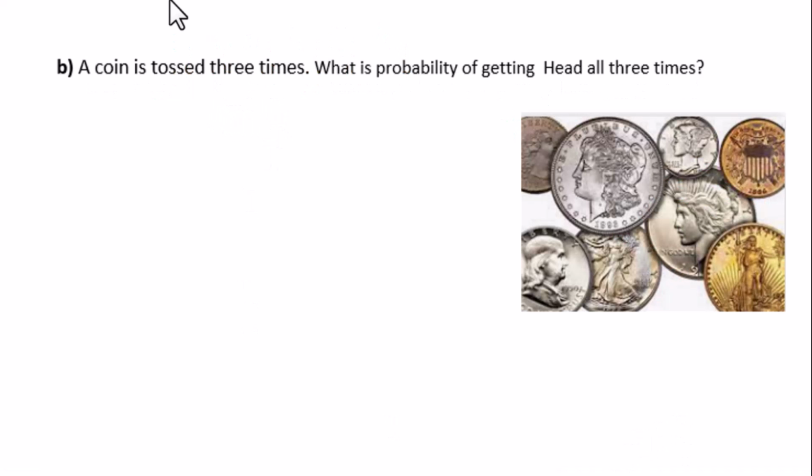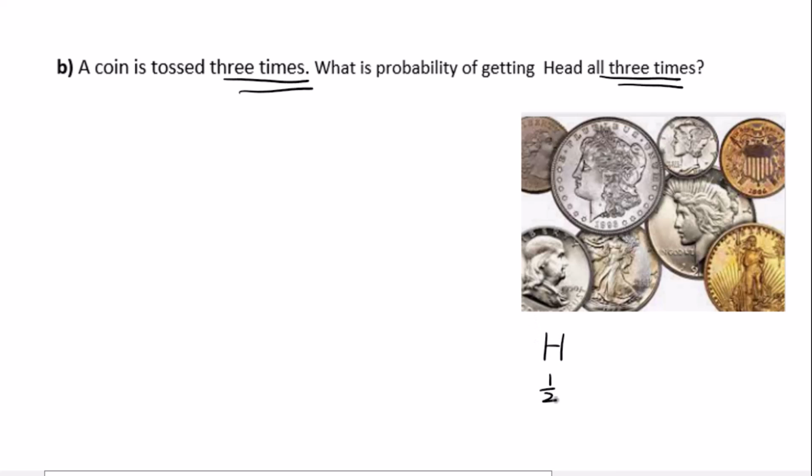Let's go to 6B. A coin is tossed 3 times. What's the probability of getting head all 3 times? For a coin, we have a tail and a head. Probability of getting head on the top is 1/2.